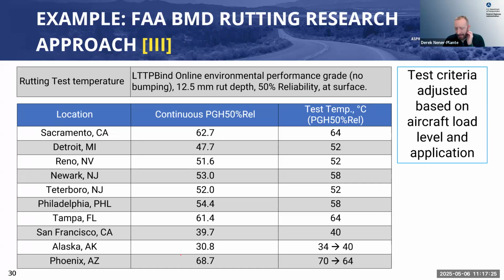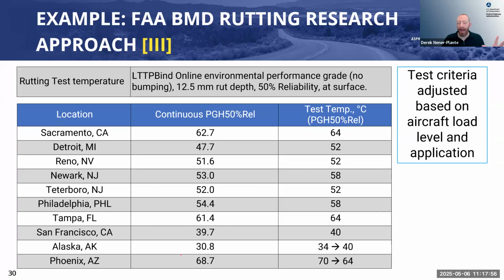So, Ellie, and I saw John ask the question. I think when you think about it, and Ellie, please add as well, what you see them doing is not trying to take a test temperature and a number that applies to the entire country. And I think that's what we're talking about when we say there is no national criteria. When you think about FAA, their application of their mix is a relatively small window as compared to maybe DOTs.